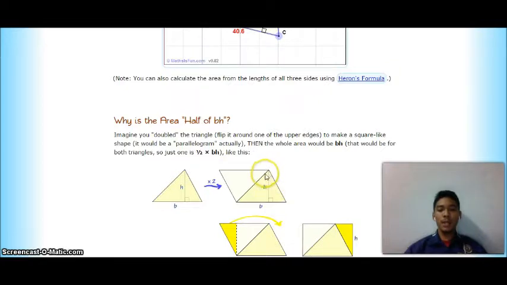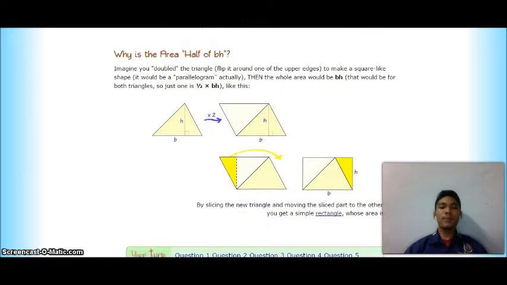So if you want to calculate half of the parallelogram, you just put half. Half of the parallelogram is a triangle, right? So that is how the area of a triangle is calculated as half times base times height.